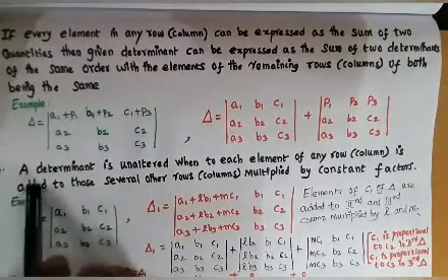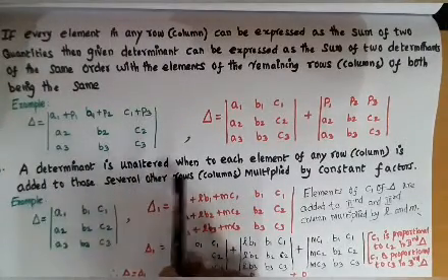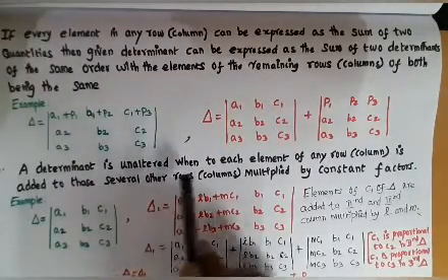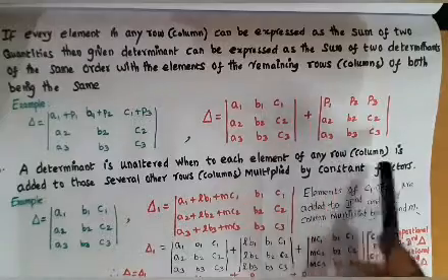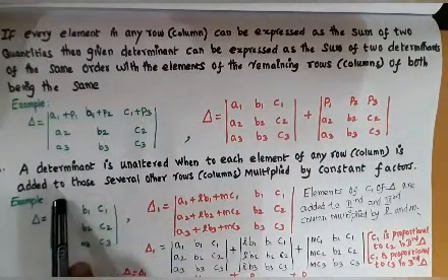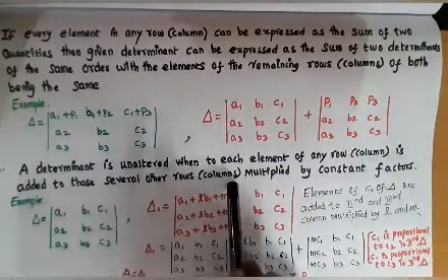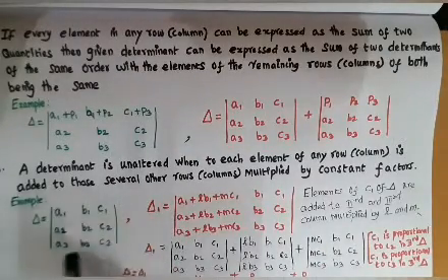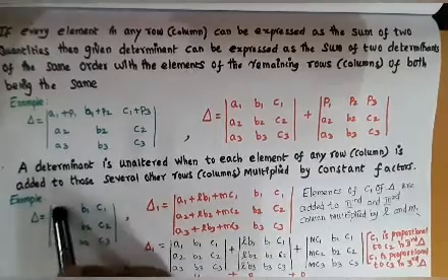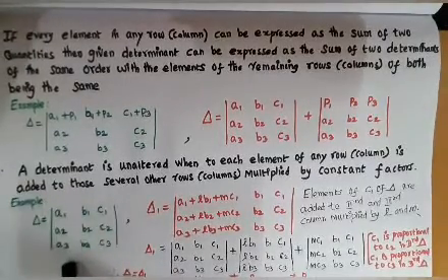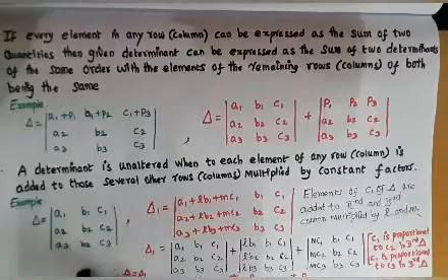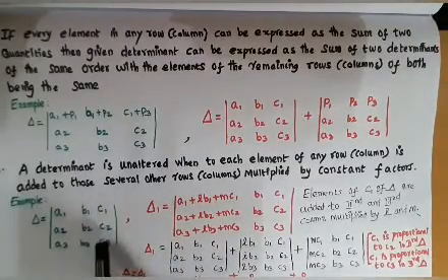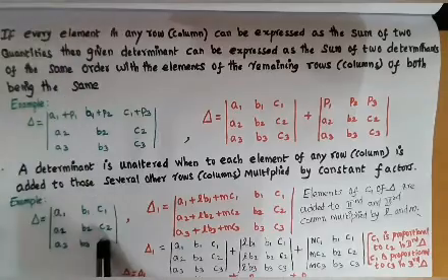Property number 6. A determinant is unaltered, unaltered means it won't change. The determinant value won't change when to each element of any row or column are added equimultiples of several other rows or columns. That means now I take A1, B1, C1, A2, B2, C2, A3, B3, C3. In column 1, A1, A2, A3 gets added with L times column 2 and M times column 3.